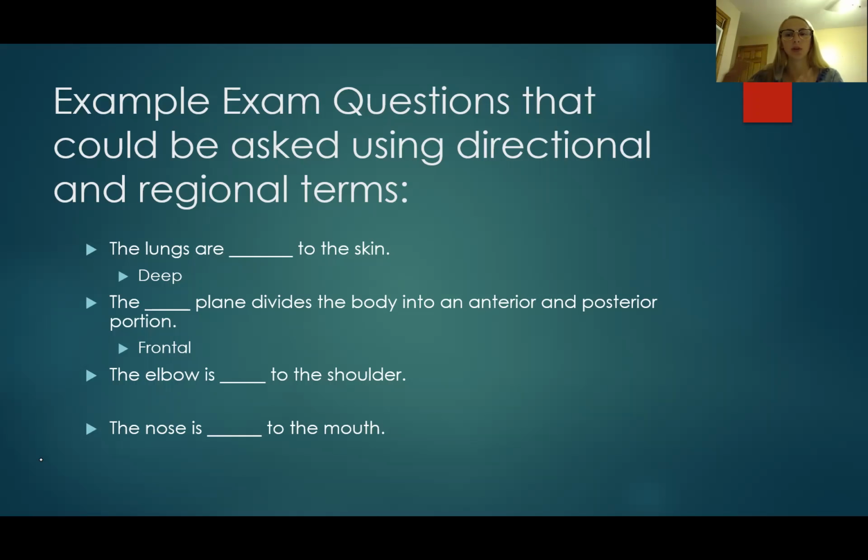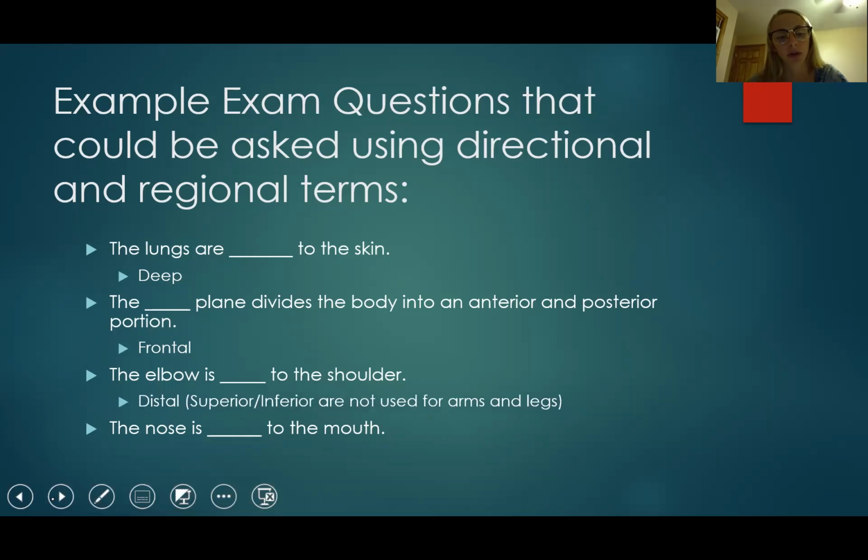Remember, for limbs, we always use distal and proximal. The elbow is further away than the shoulder, so it's a farther distance. It's distal. So if it's a further distance away from the main part of the body, it's distal. And again, remember, superficial is not used for your limbs. It's not used for your arms and legs.